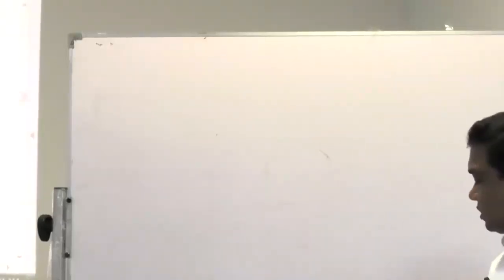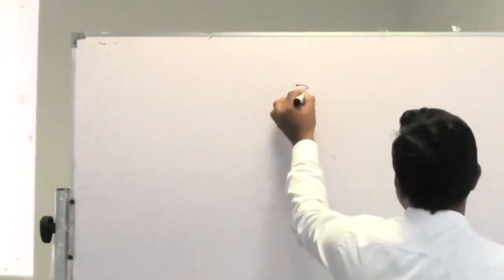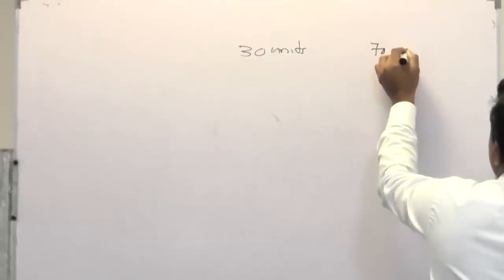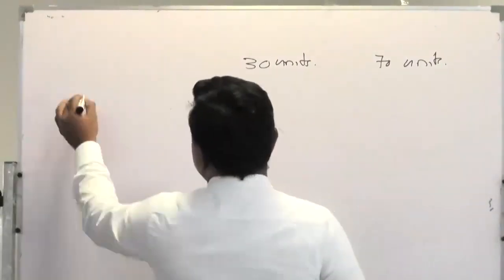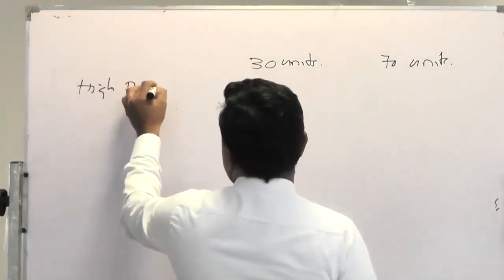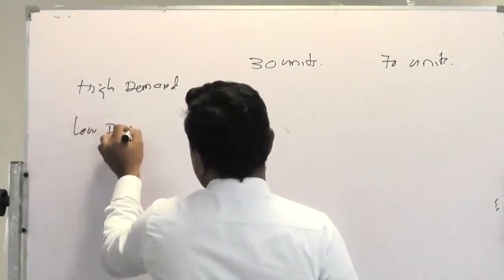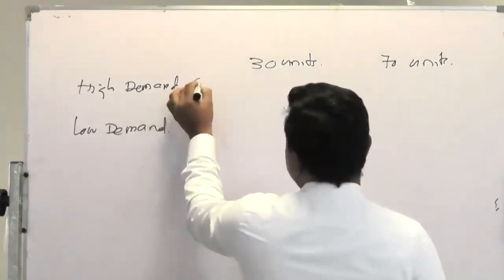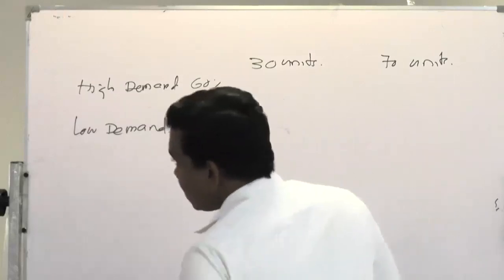Do these 2 projects, if I take the information, you can produce 30 units or you can produce 70 units, right. You have 2 economic conditions, high demand and low demand. The high demand probability is 60%, low demand therefore would be 40%.